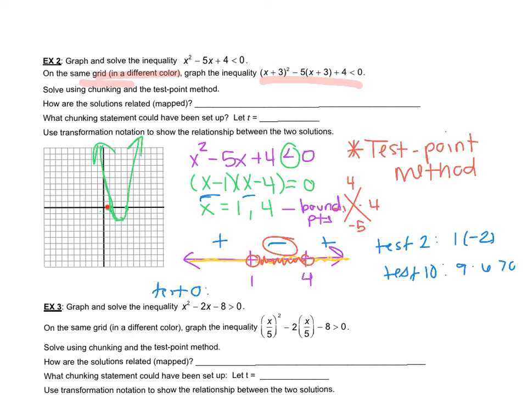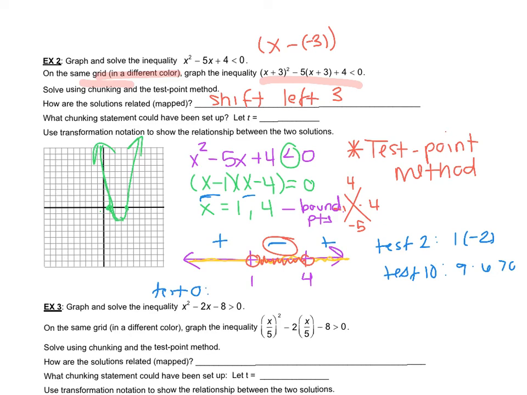So I'm taking every single point on here and transforming them. The plus 3 indicates that I'm actually going to shift left 3. Because remember, if it's in the form of x minus h, the only way to have a positive 3 is if I'm subtracting a negative. So I'm going left 3.